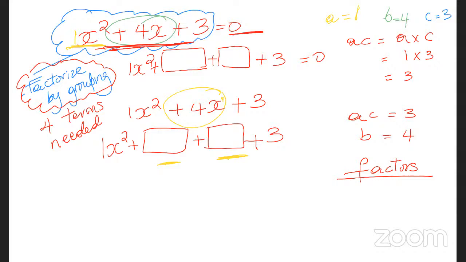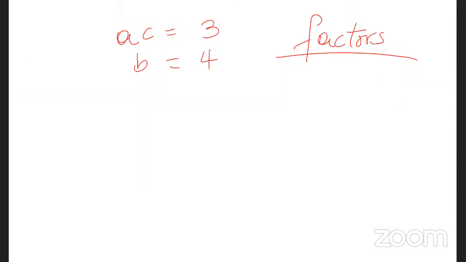We call them factors because they must multiply to give us positive 3 and add or subtract to give us 4. So let's go again.